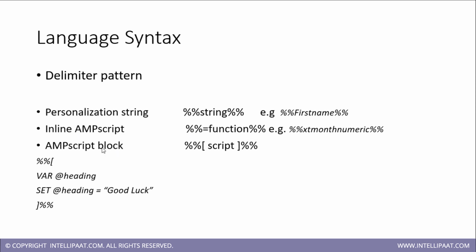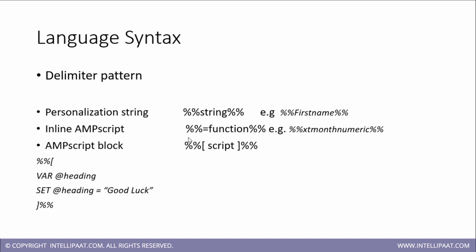So how it looks: the first one is basically the way in AMP script to declare a variable and then set it, and it starts with percentage middle bracket and ends with that, if you see. So the syntax remains the same at the beginning and end.